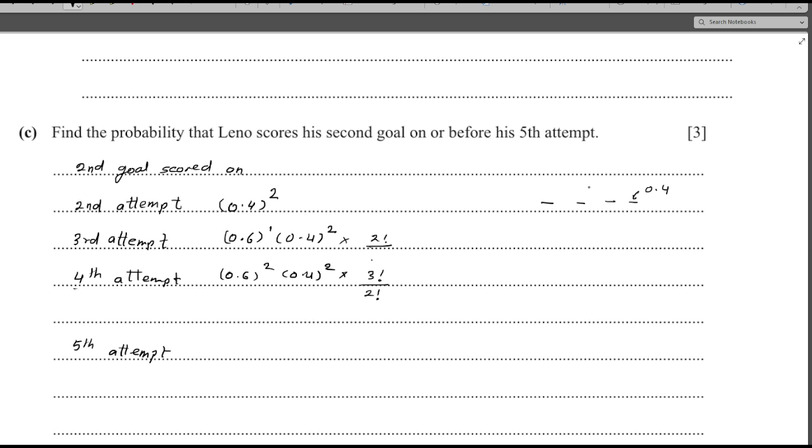Similarly for the fifth attempt, it is 0.6 cube, so 3 attempts where I am not scoring, and 2 attempts where I am scoring. So 0.6 cube times 0.4 square, and this is equal to 4 factorial divided by 3 factorial times 1 factorial.